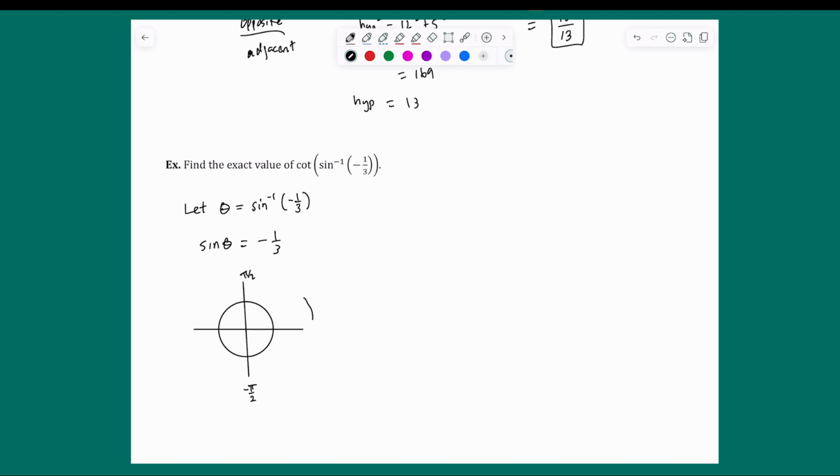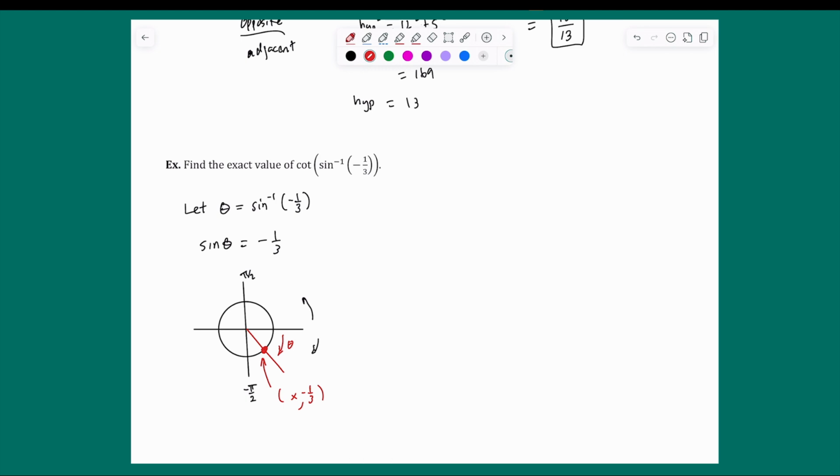So it's going to be either this direction or this direction. Since it's negative, we know that this angle theta is going to have to reside somewhere over here. And that point, if it's on the unit circle, has to have a y-coordinate of negative 1/3. So the point has coordinates x, negative 1/3.